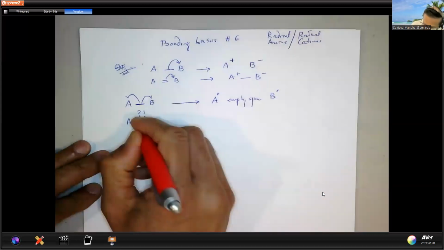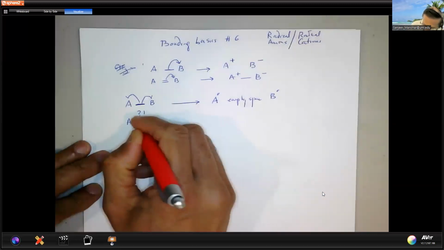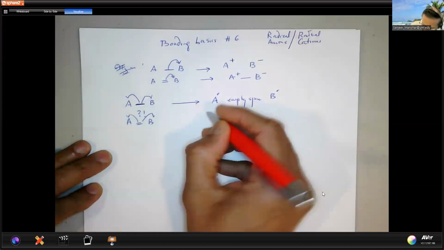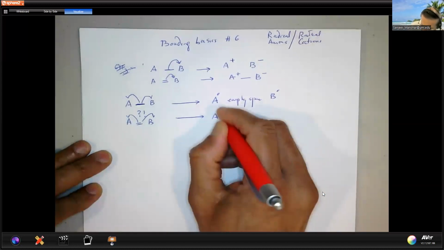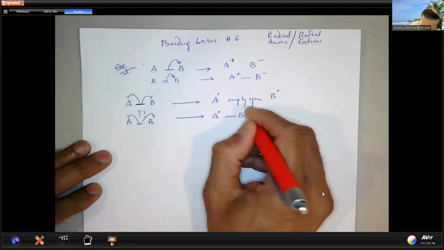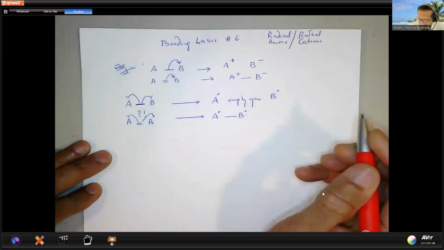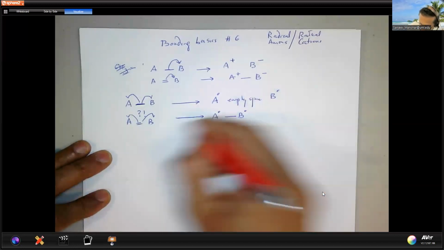Similarly, if you have a double bond between A and B, and you do the same thing, one this way, you have A, right? These are called fishhook arrows.